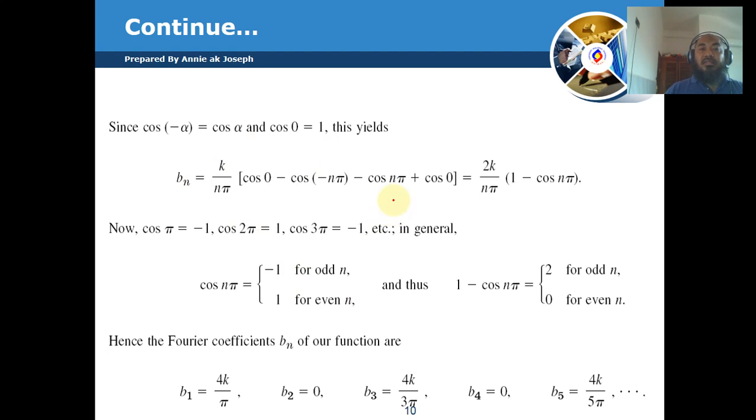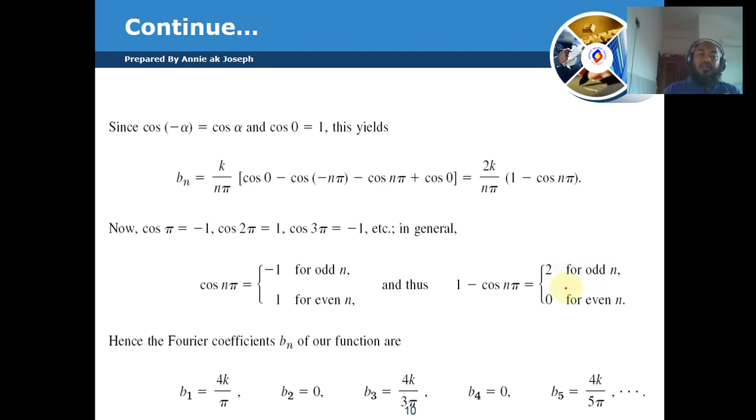We replace this: if n is an odd number, so we get minus 1. 3 is also an odd number, right? So this becomes 1. But if it is an even number, it becomes 1 like this. So 1 minus cos n pi is equal to 2 when it is for odd n, and 0 when it is even n.